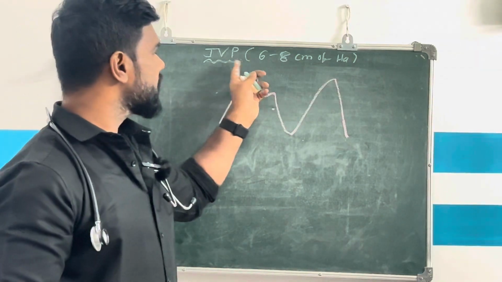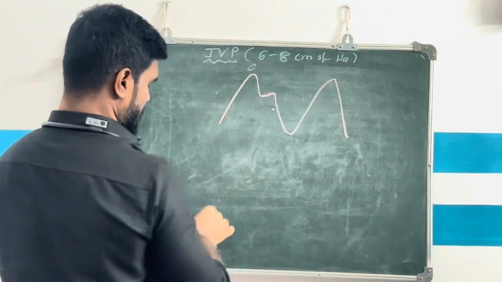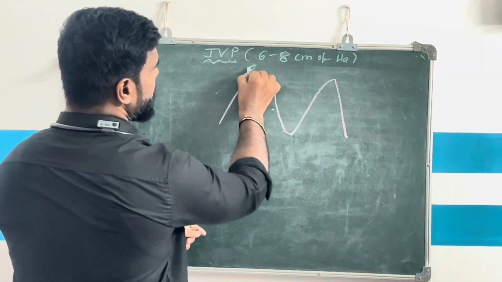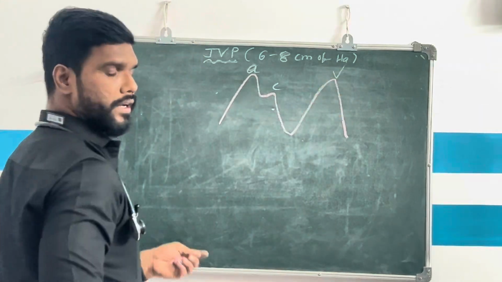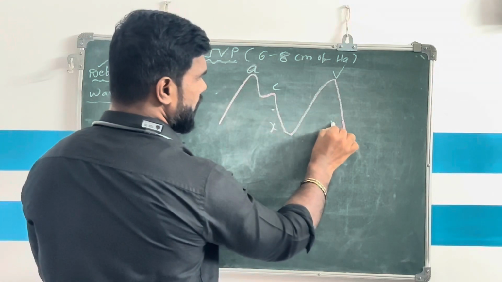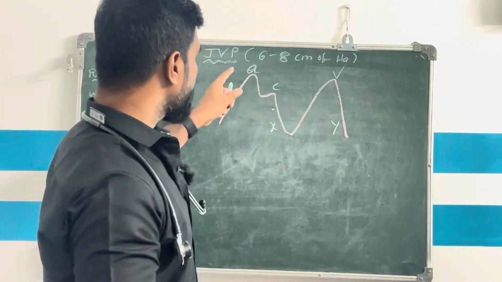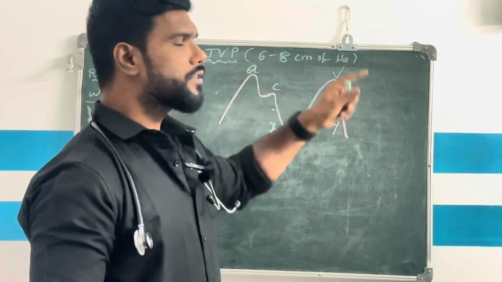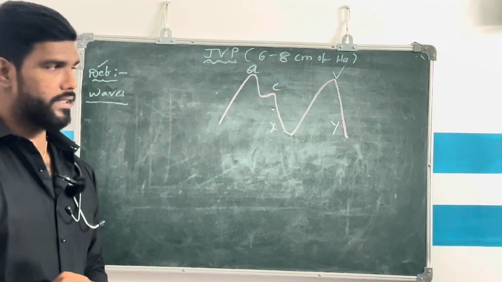In this curve, there are 3 positive waves and 2 negative waves. X descent and Y descent are the negative waves. A, C and V waves are the positive waves present in the jugular venous pressure.